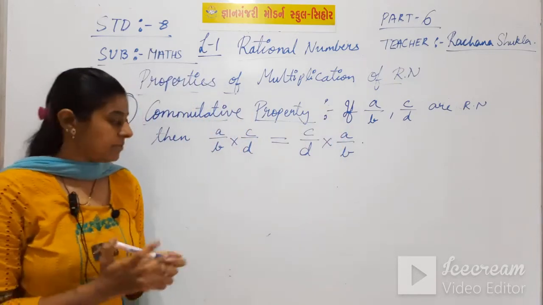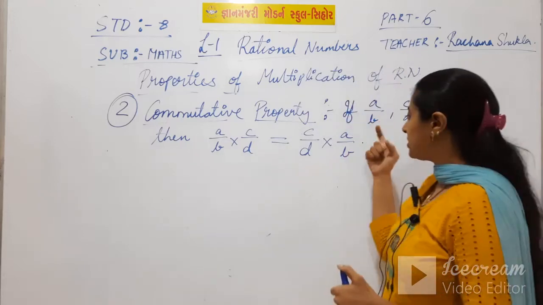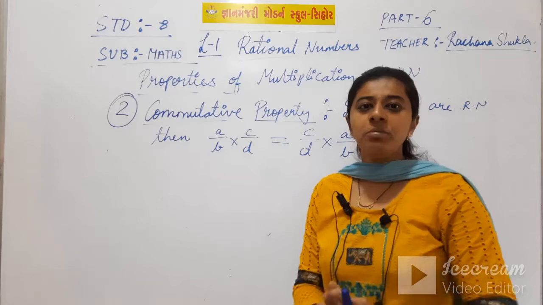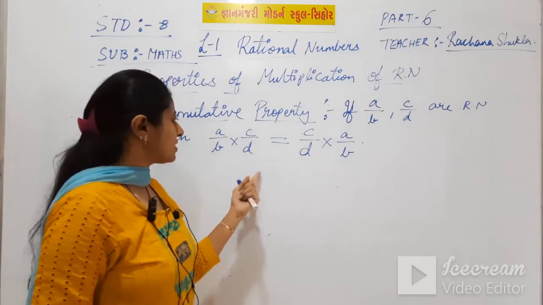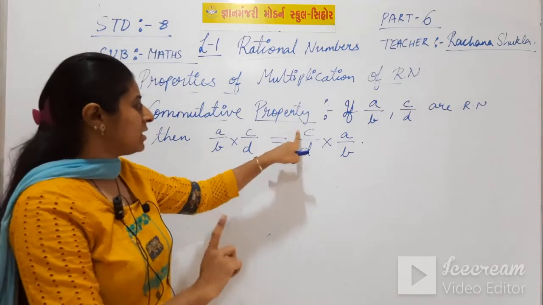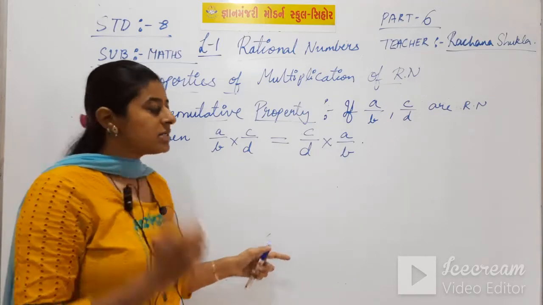How is it possible? A upon b is a rational number. C upon d is also a rational number. Then if you multiply two rational numbers, that is a upon b and c upon d, and then vice versa, c upon d into a upon b, both the results will be the same.